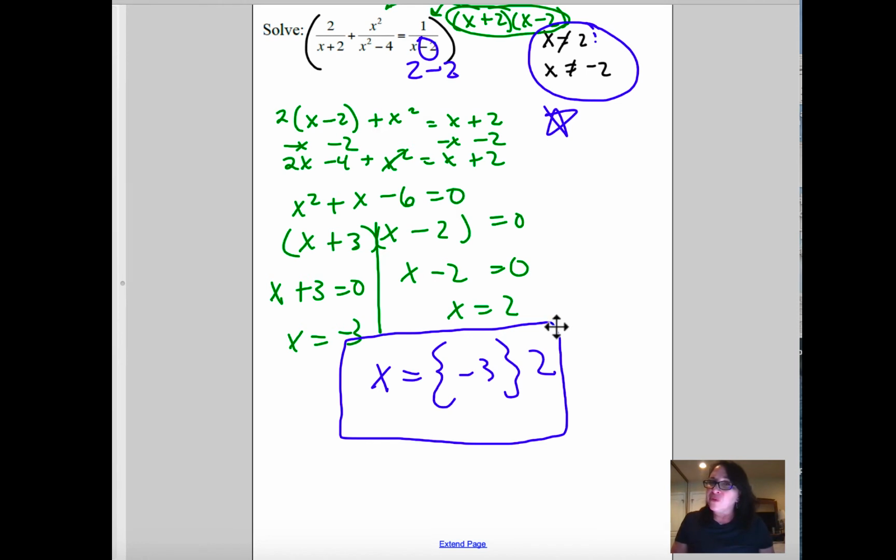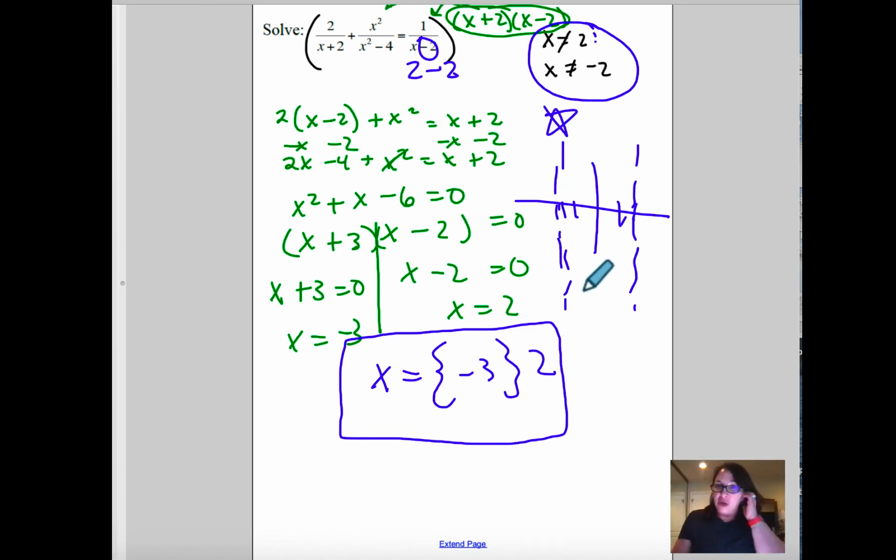I may ask you for the domain for this, where you would graph this. You totally can graph this. This is something you could do, and this would give you some domain issues. For example, x cannot equal 2, so there would be no value here, and there would be no value here. So right off the bat, whatever this graph looks like, and yes, you can just graph it on your calculator, it's going to go from -infinity to here, which is -2.